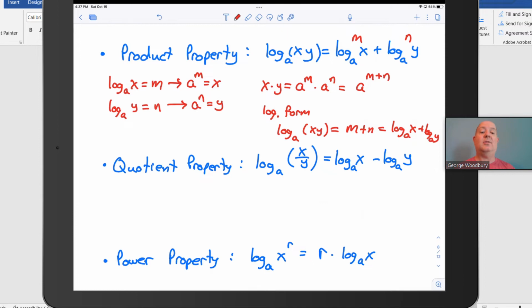This says that if we're taking the logarithm of a quotient, we can convert that to a difference, subtraction, of two separate logarithms, the logarithm of the numerator minus the logarithm of the denominator.